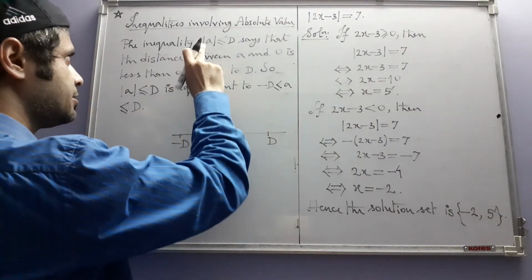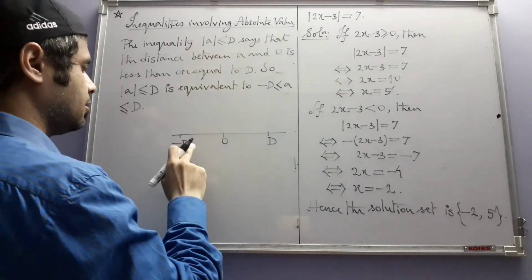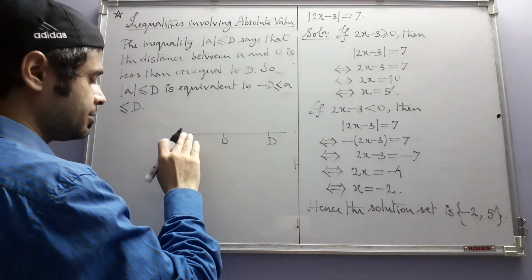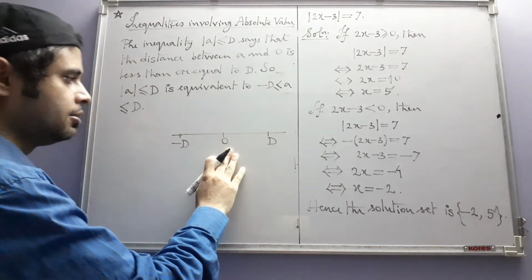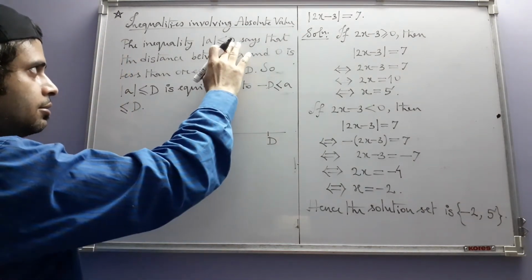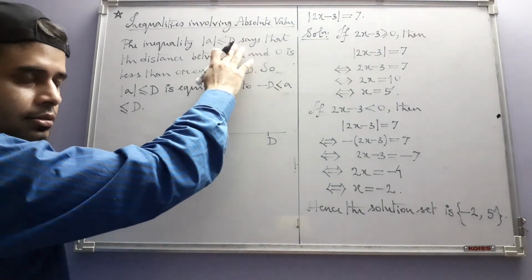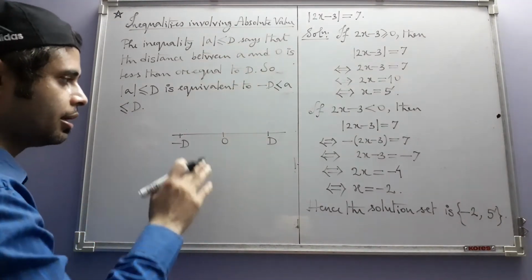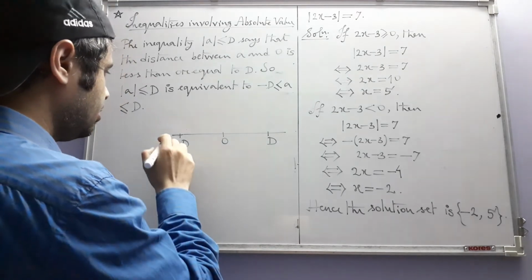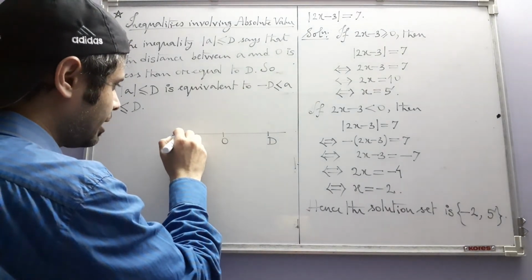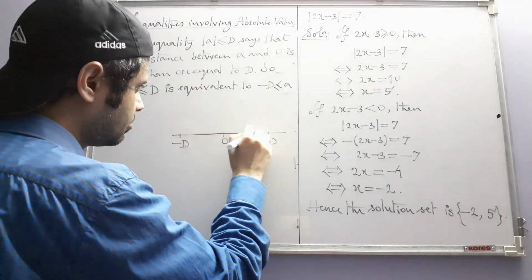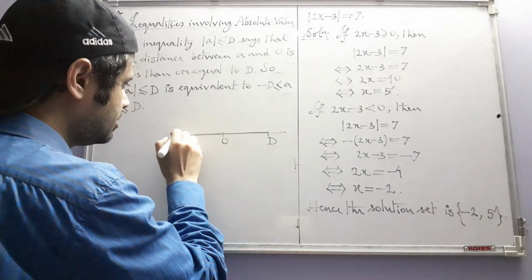Now, for the distance of A from 0 to be within the range D, that is, for that to be less than or equal to D, A has to lie in this interval.